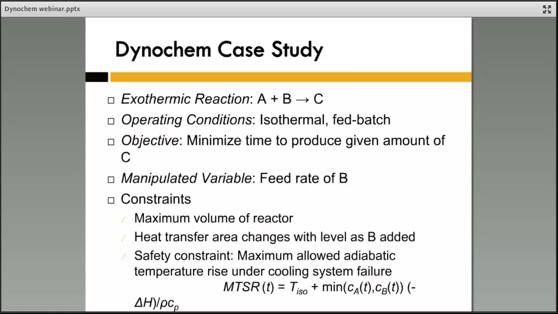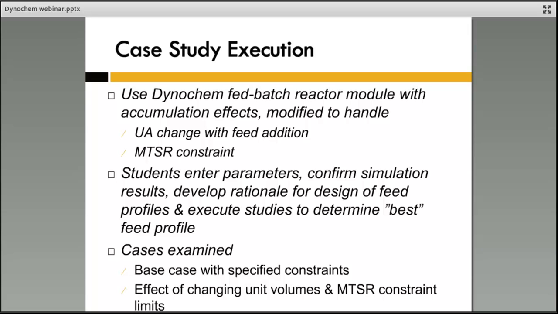And then we throw in this constraint of maximum allowable temperature rise if the cooling system fails. So the notion is if something goes wrong, the reaction will continue, and how far that reaction will continue depends on how much B there is left in the unit. So it complicates life just a little bit and makes the problem a little bit more interesting.